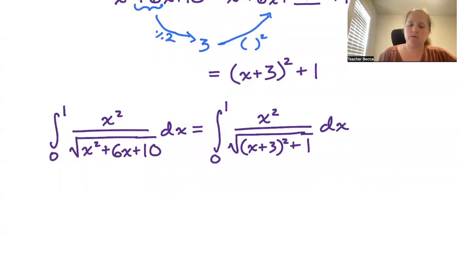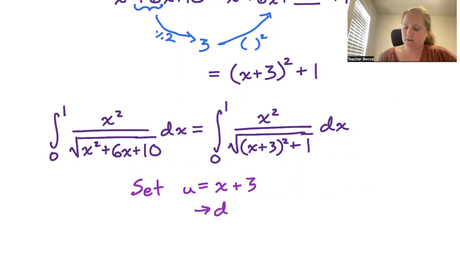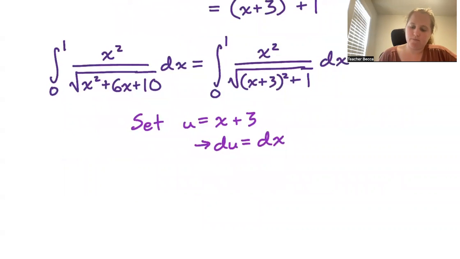At this stage, we can do some u substitution. We'll go ahead and set u equal to x plus 3. Then we have our du as just dx. We might as well convert the bounds as well. So converting the bounds.